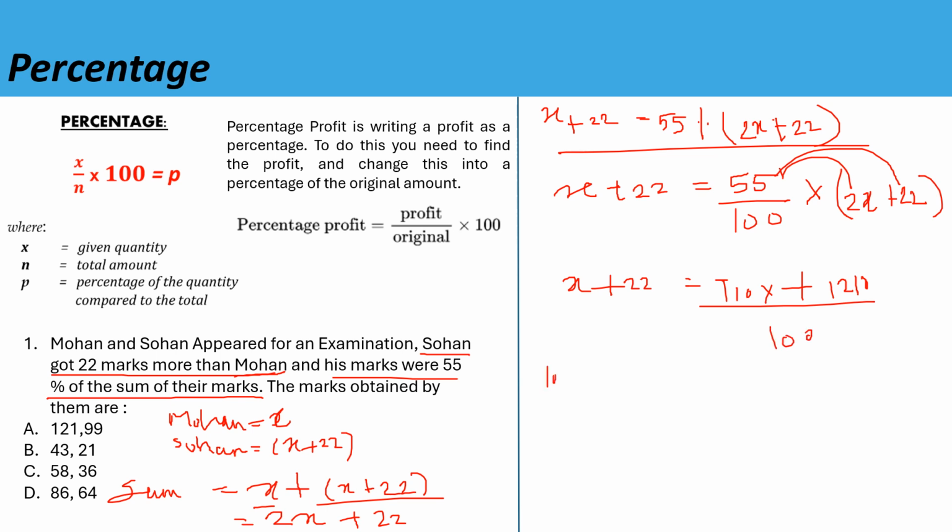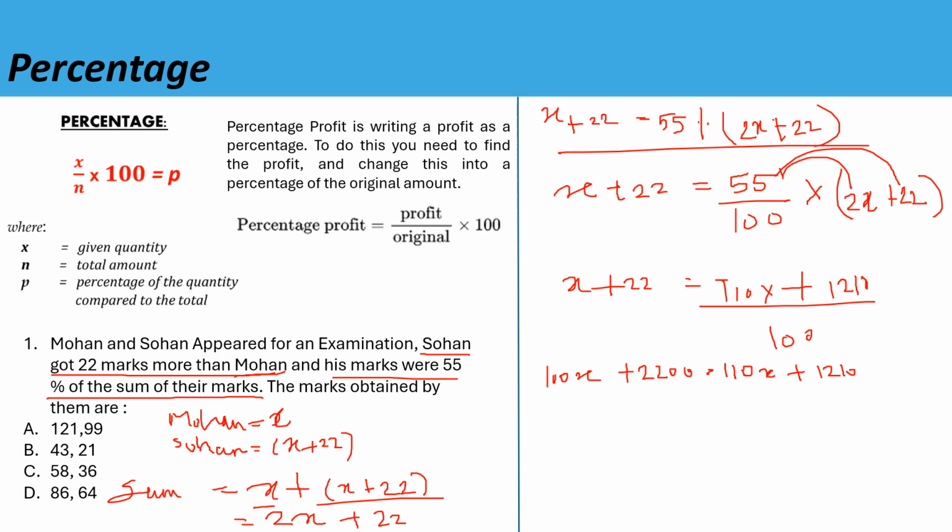So we can again make this a linear equation. 10x plus 2200 is equal to 110x plus 1210.